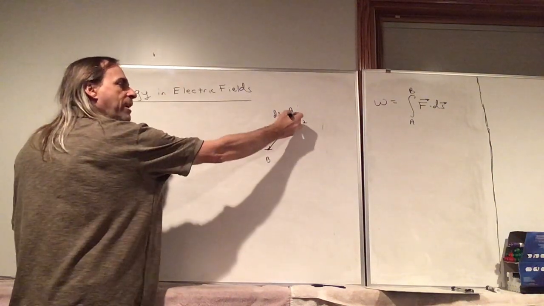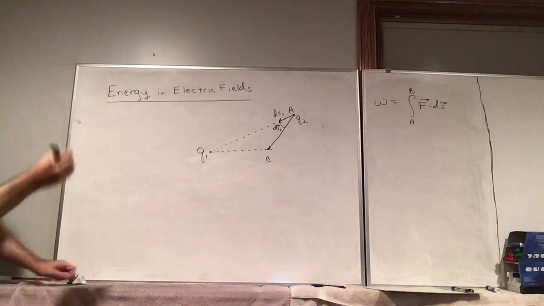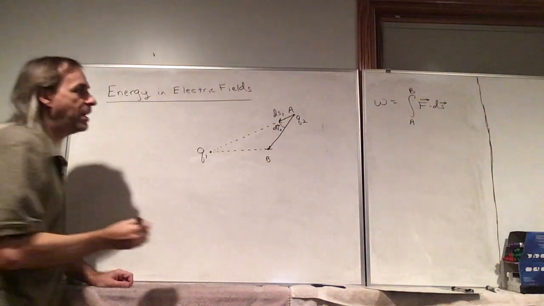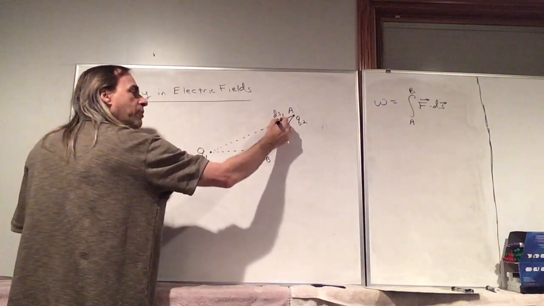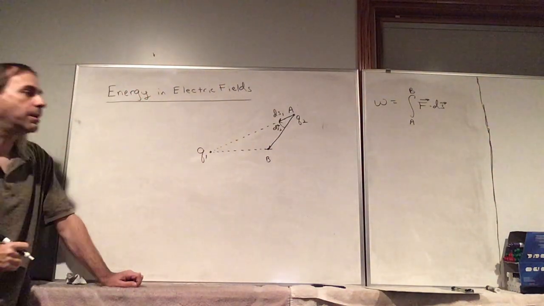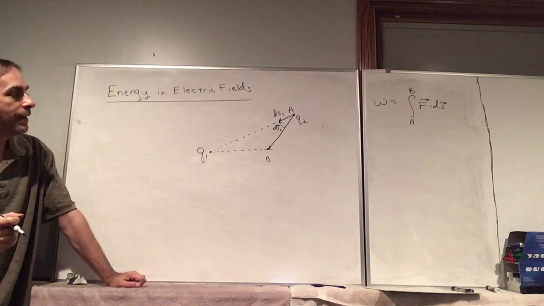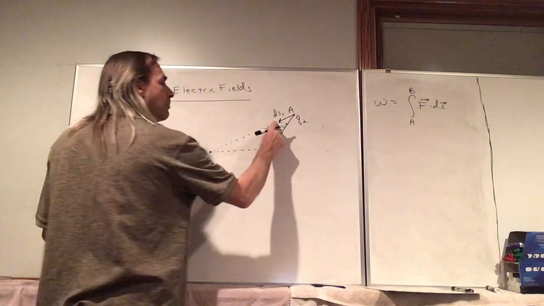So we start out moving radially towards charge 1. But that'll take us off the path we want to be on. So we just go a little bit in this direction and then take this curved path back to get back on our target. And then we're going to repeat this again.